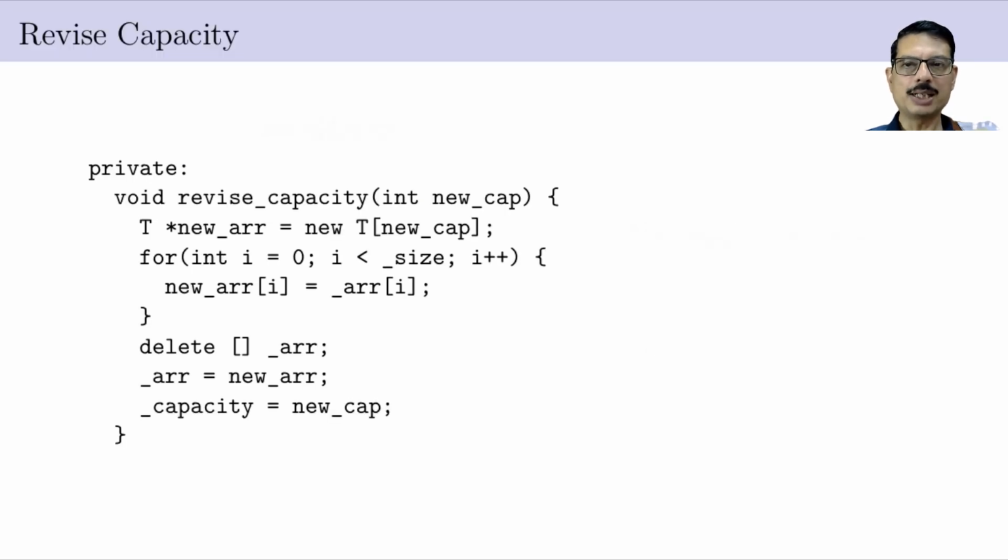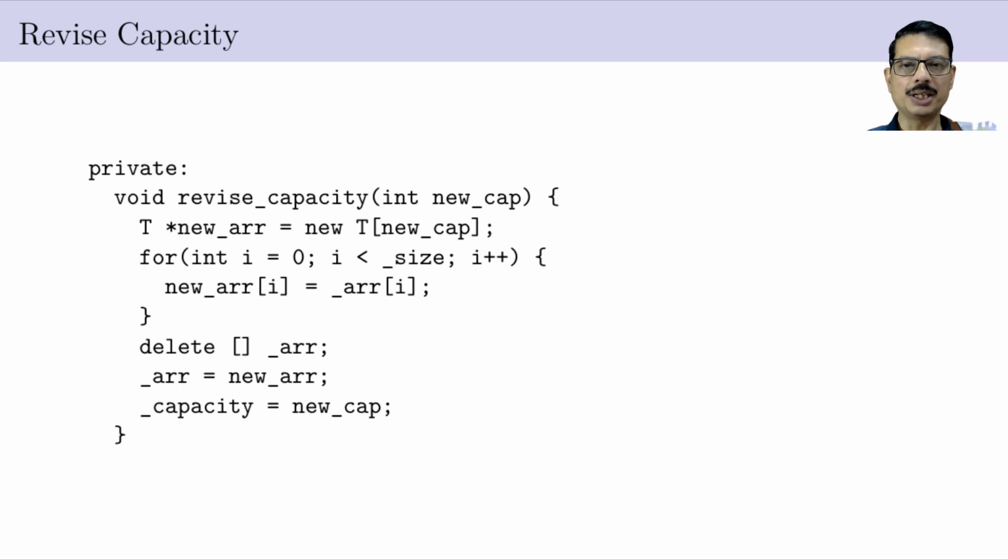Now, this requires us to implement a function which is going to be private. The person who is using your vector class need not be aware of the existence of this function because this is an internal thing, and this function is going to revise the capacity depending on the value which is passed.